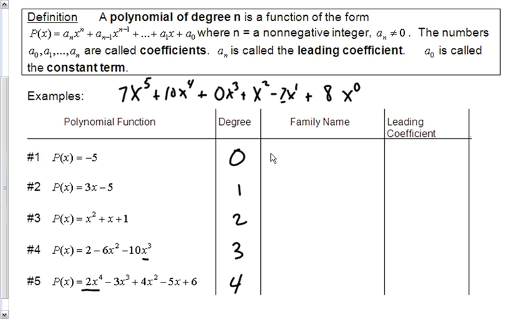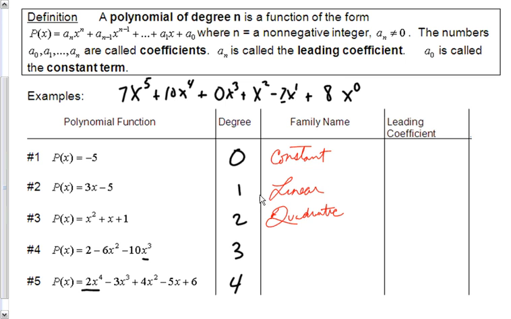Okay. The family names are things that some should be familiar, some are newer. This is a constant. Well, this one is linear. The second one, or the third one down, is the quadratic. Yes, that's a Q. Okay, for those of you who forgot cursive.